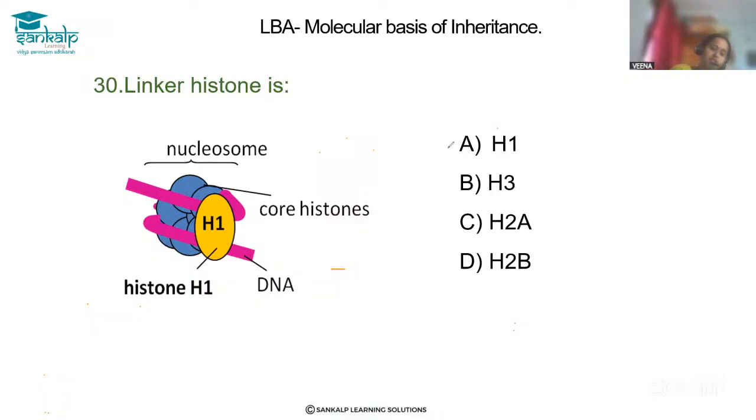Let's solve question 30. A linker histone is. So, dear student, already I studied the structure of the nucleosome, that is containing the octamer structure, that is the histone proteins H2A, H2B, H3 and H4 present in pairs. So that is called the octamer.